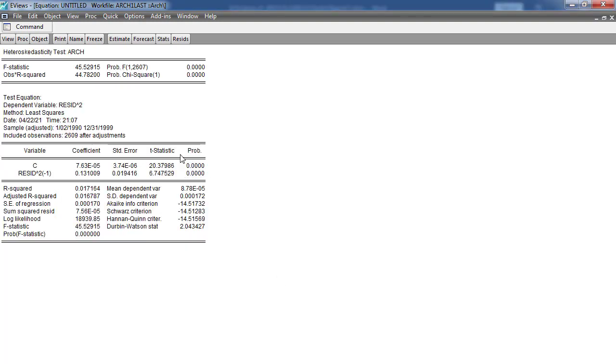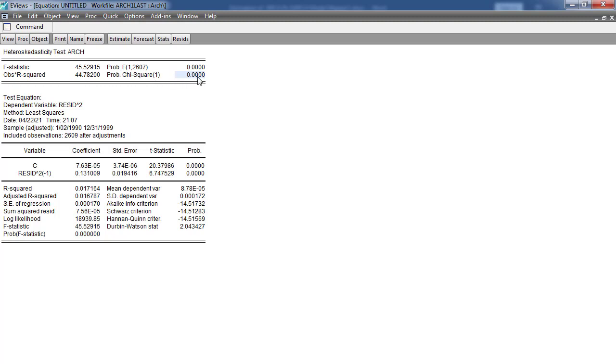Here you can see the observed R-square corresponding to the p-value of chi-square is less than 5%, which is significant, which means that we are going to reject the null hypothesis.